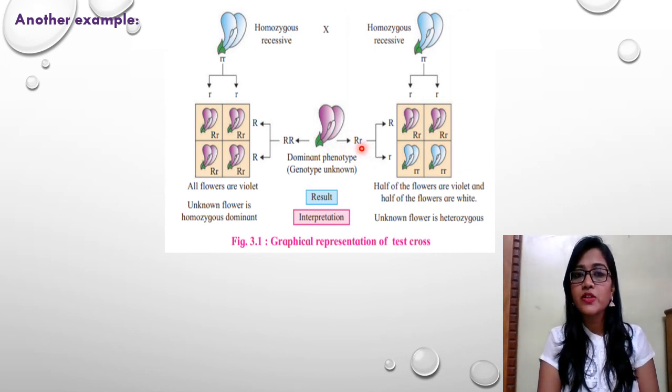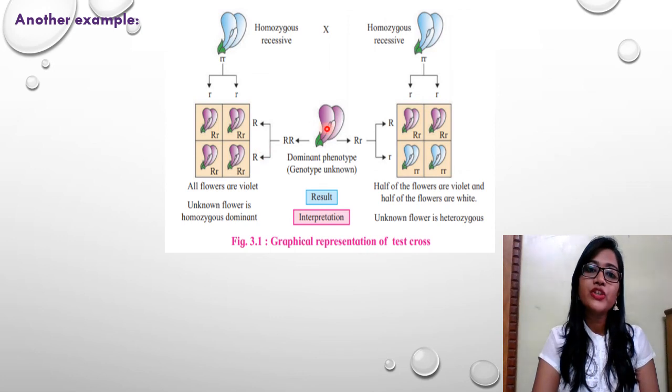So this small r can get fused with the small r and get expressed. Small r will form the small r small r homozygous genotype, that is one white colored flower, and small r with another small r, another white colored flower. So half of the flowers are violet and half of the flowers are white.